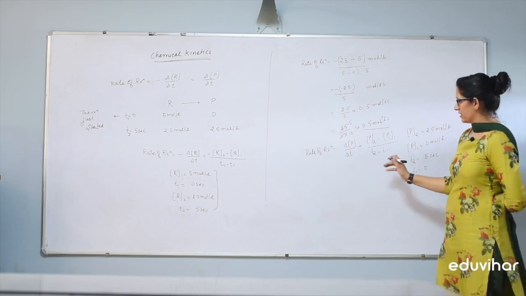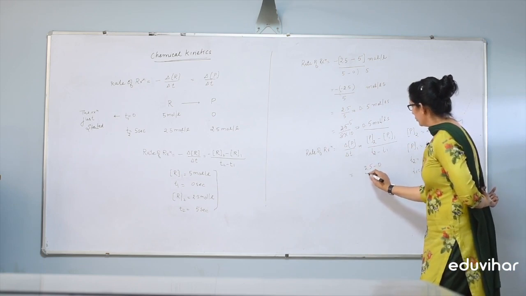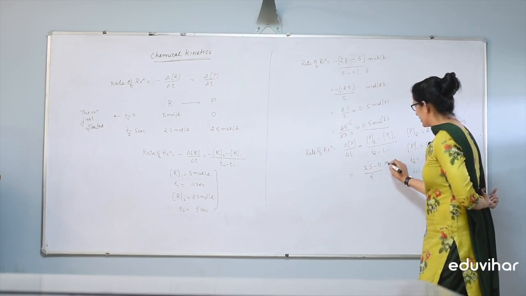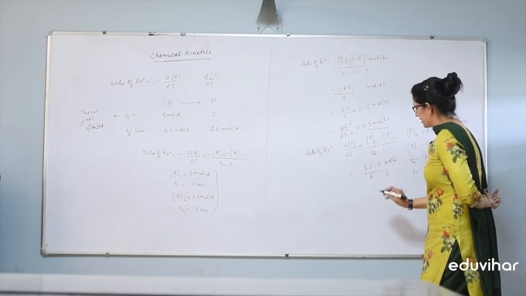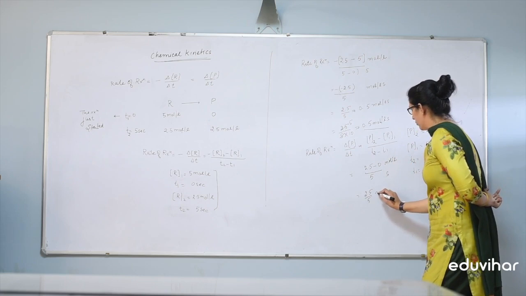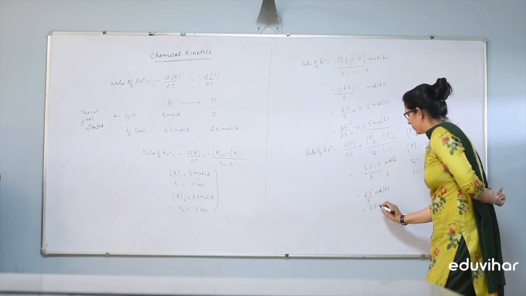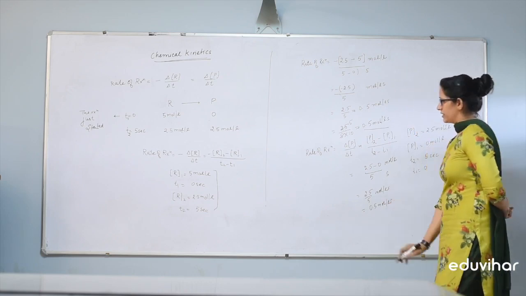Putting these data, that becomes 2.5 minus 0 divided by 5, mole per liter per second, and it becomes 0.5 mole per liter per second.